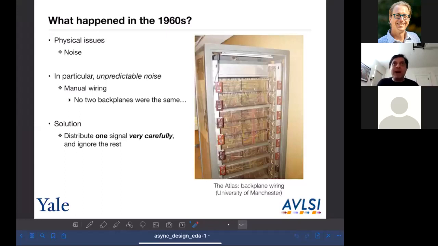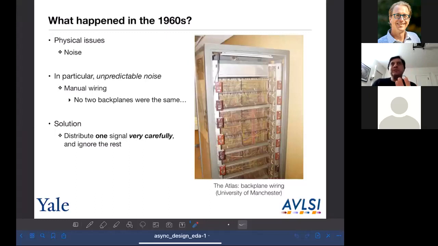They said, here's why we switched. One of the big issues people were worried about in the 1960s was reliability, and in particular reliability in the presence of noise. This noise is like noise on your wires, coupling from various EM signals and so on.